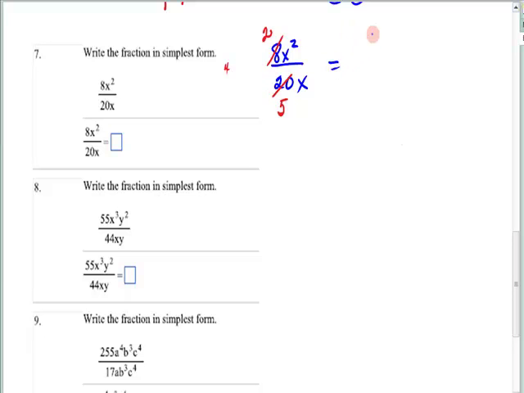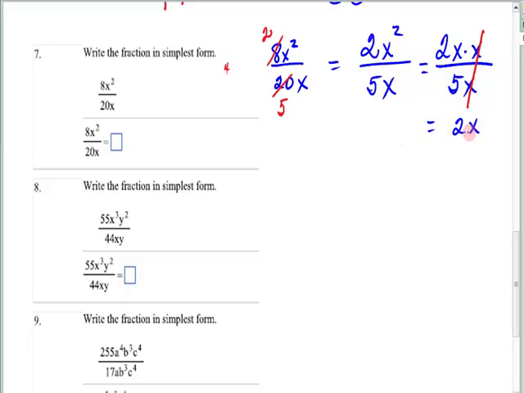So this problem has become 2x squared over 5x. Now, when you start involving exponents with your variables, you might want to expand it. 2x squared is 2 times x times x over 5x. Common factor of x, and your answer in lowest terms is 2x over 5.